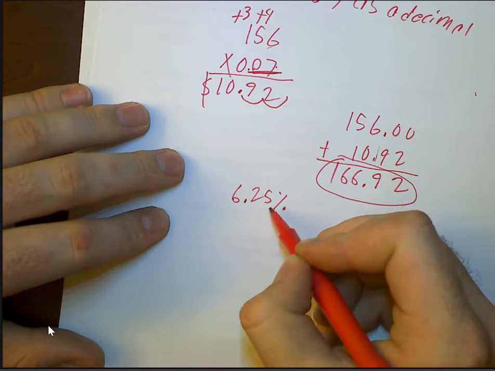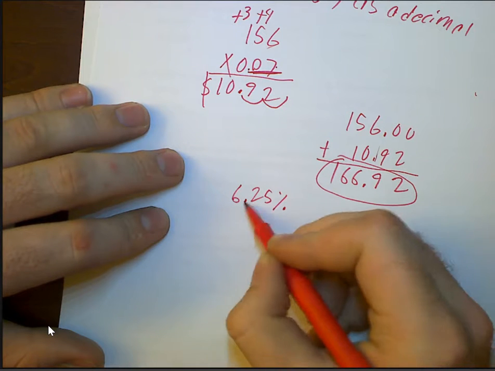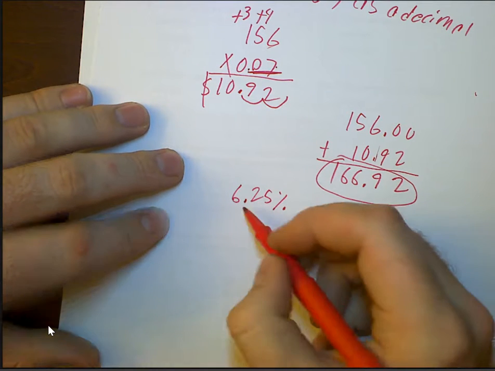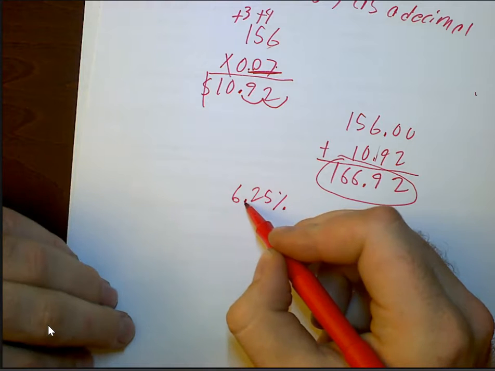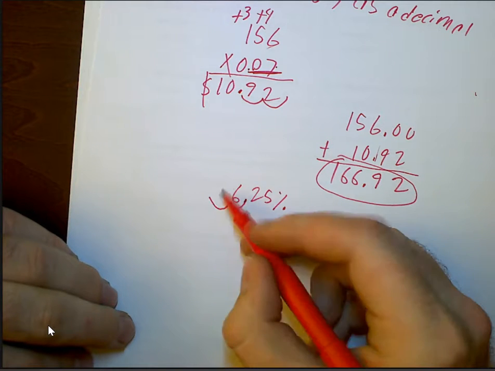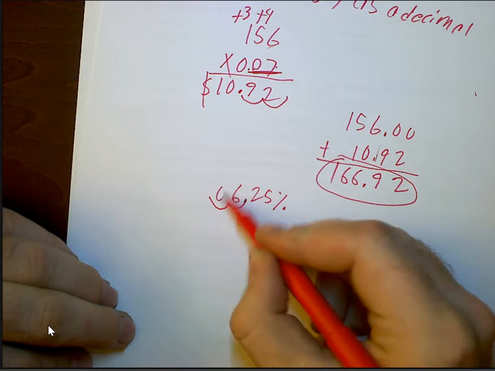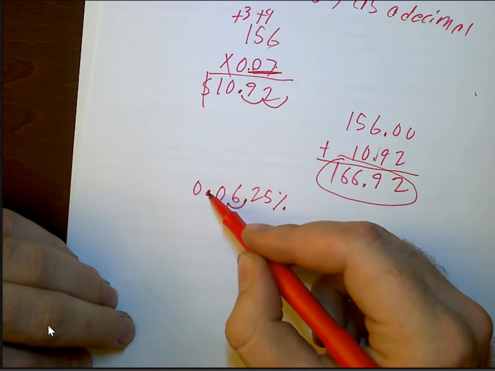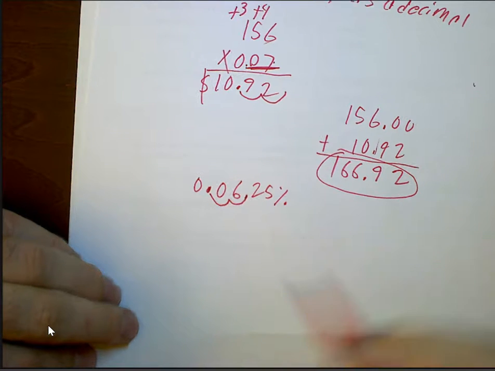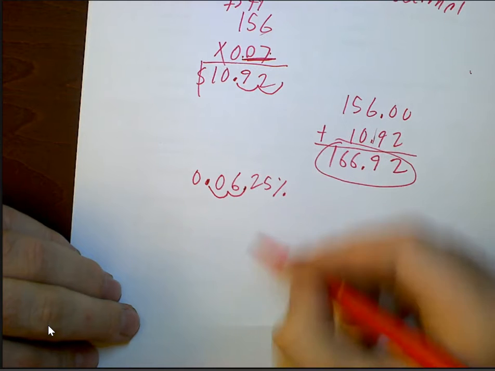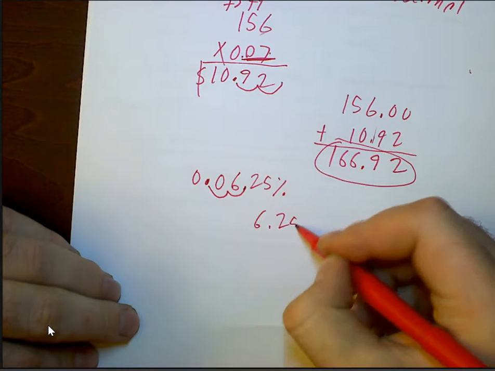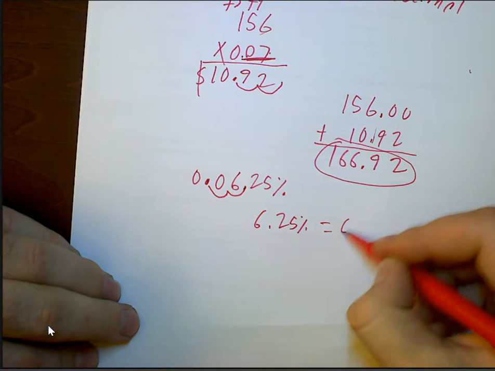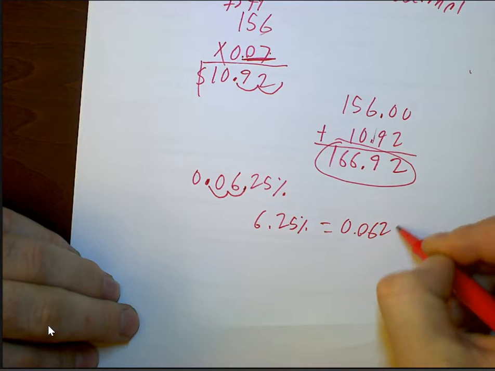So our decimal is no longer right in front of the percentage sign, it's right here. They actually showed it to us. We still go 2 spaces to the left. 1, 2. I've got an empty space right here, so I write a 0. We always write a 0 in front of the decimal point if there's no number there. So 6.25% equals 0.0625 as a decimal.